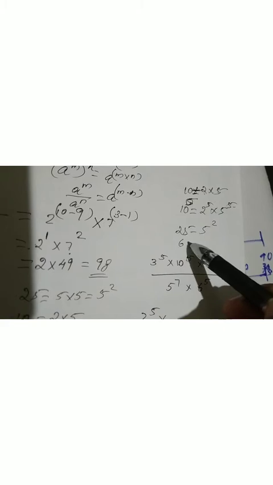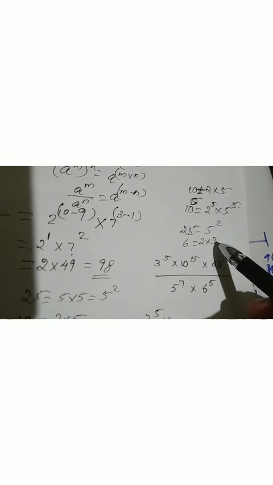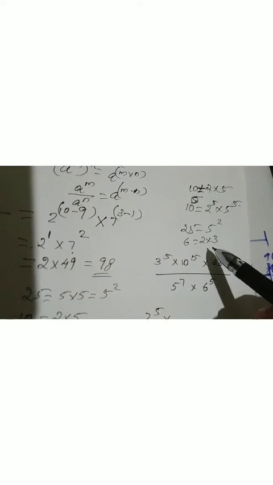Then we have to multiply each factor 5 times. Then 25 is equal to 5 squared. Then 6 we can write as 2 and 3, prime numbers. Then here 6 raised to 5 we can write as 2 raised to 5 into 3 raised to 5.